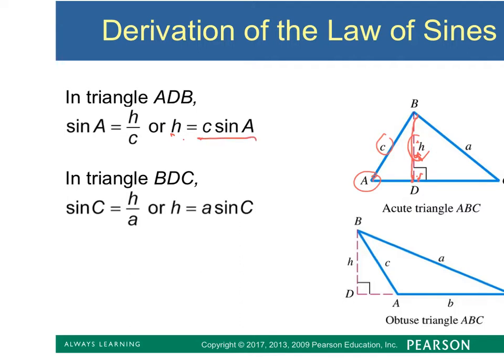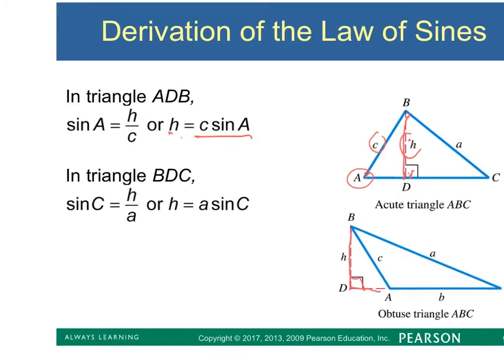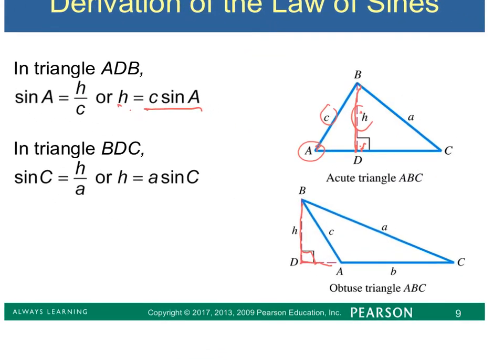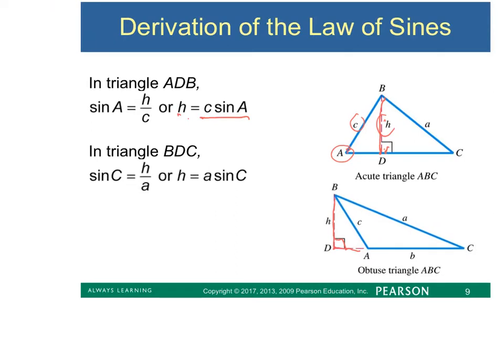If you go down here to the second triangle where he drew that height on the outside of this obtuse triangle, made that a right angle. Now we have side a, and we have an angle C, so sine of C now is opposite h over its hypotenuse.